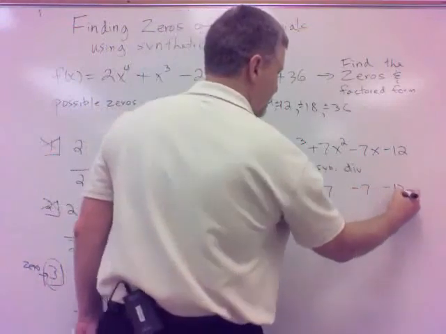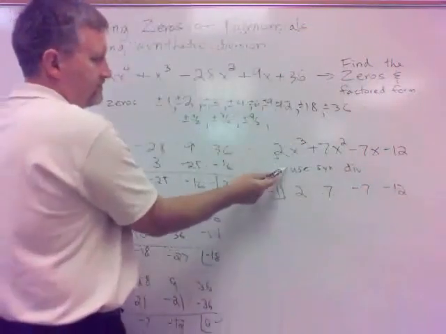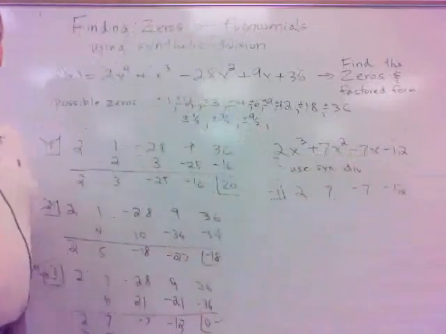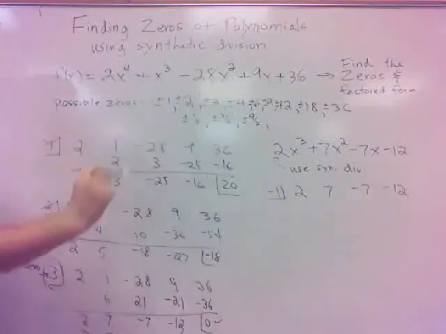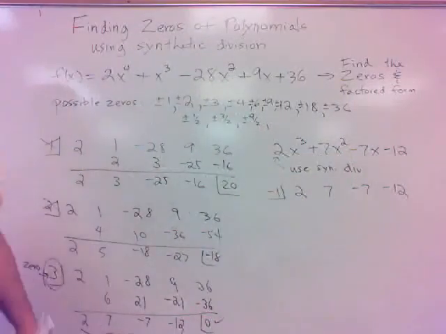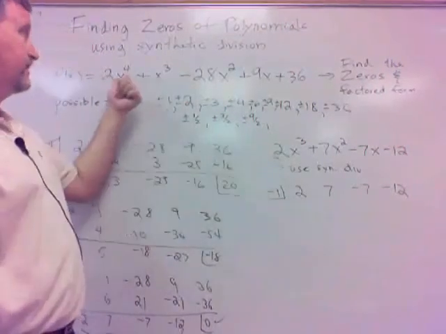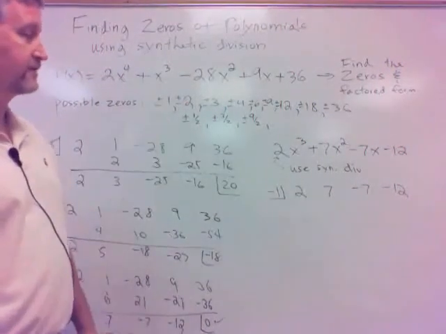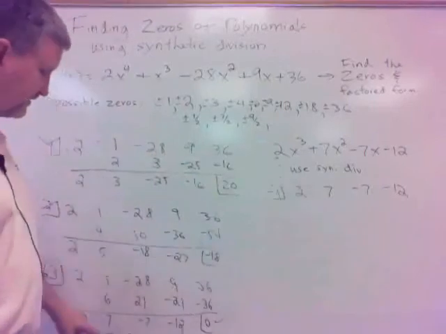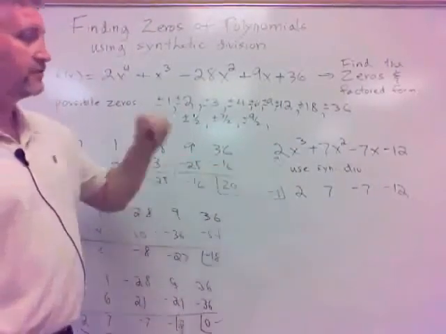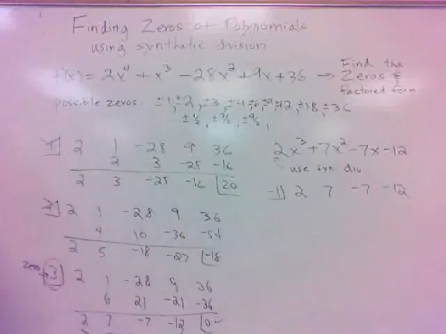And when I'm using synthetic division on this, I'm going with those numbers now instead of these, dropping it down. Because the idea is I want to drop this down to x squared, and if I go back to the x to the 4th, I'm not going to get it to x squared. So once you find 1 zero, then go with its quotient and do your synthetic division on it after that.